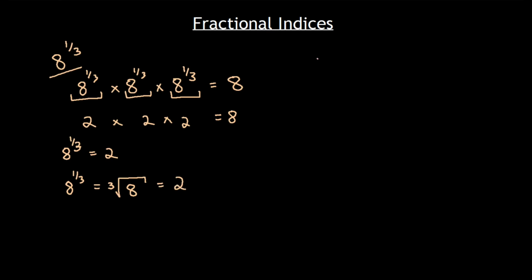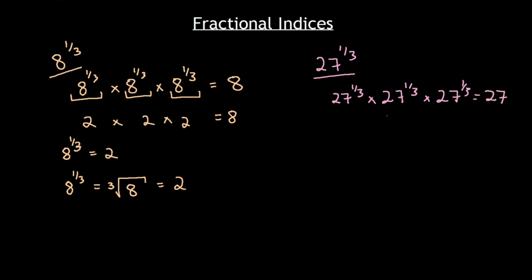Say this time we have 27 to the power of a third, and you've probably by now figured it all out. I'm just going to do it for the sake of it. 27 to the power of a third times 27 to the power of a third times 27 to the power of a third, and that makes 27. Again, what number multiplied by itself 3 times makes 27?